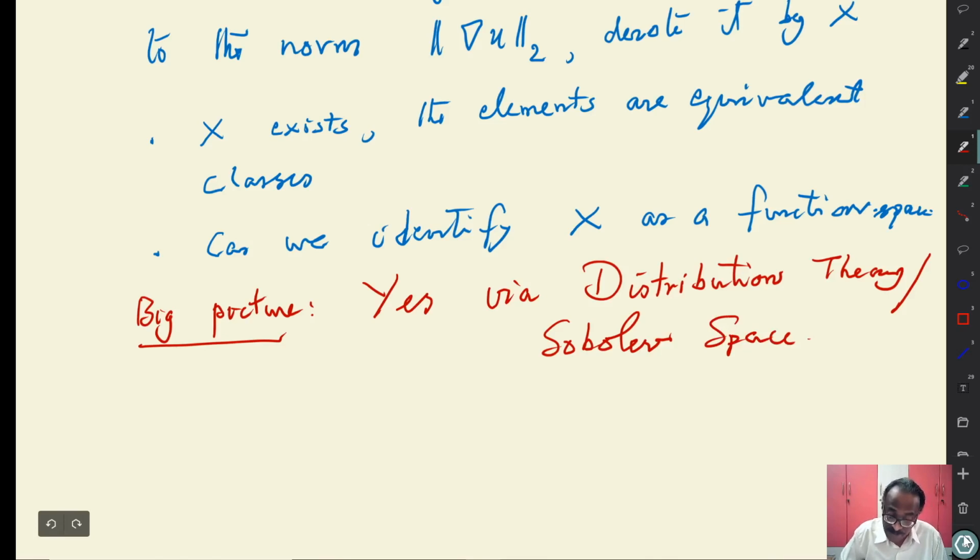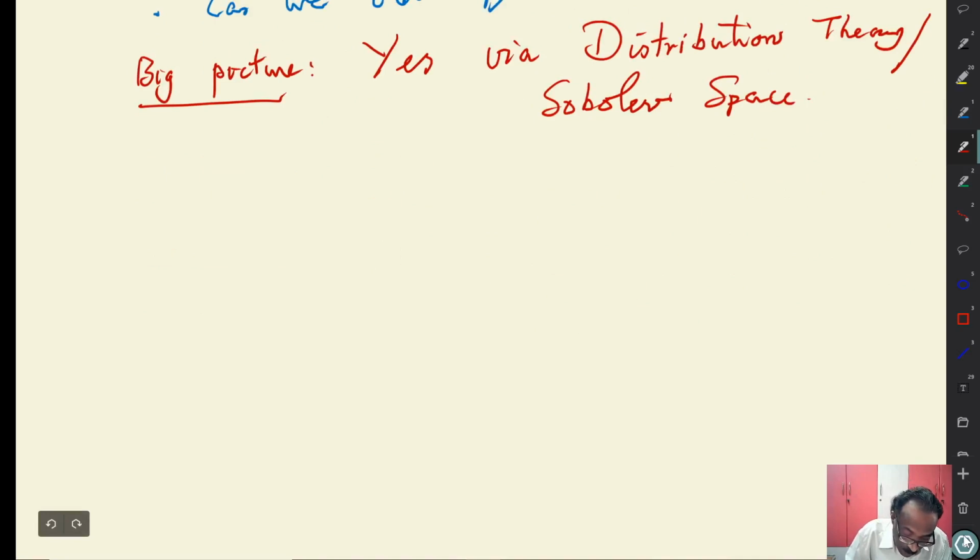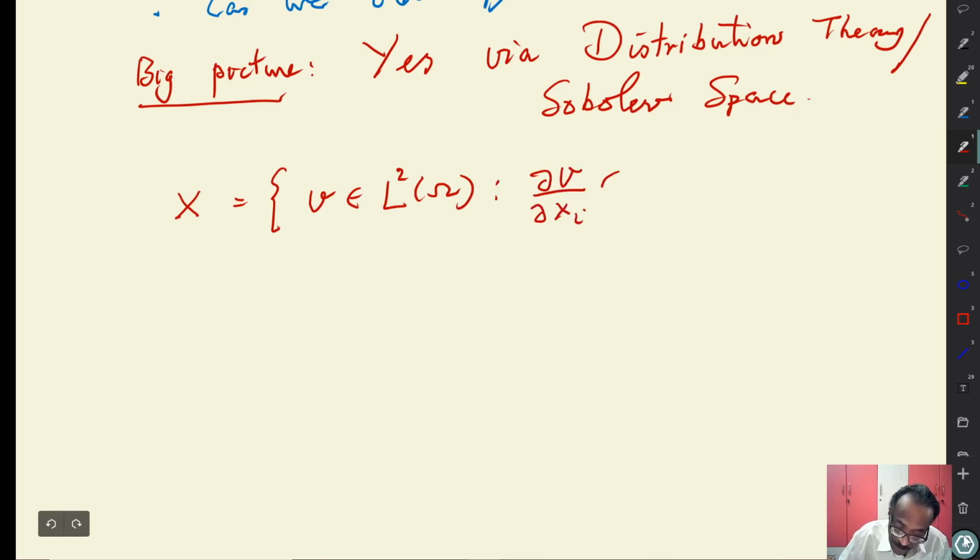In that case X becomes a Hilbert space. Right now X is the set of all equivalence classes; that's how you complete your normed linear space. X turns out to be the set of all V in L2 of omega where dV/dx_i is in L2 of omega for 1 ≤ i ≤ n, and V = 0 on the boundary of omega.